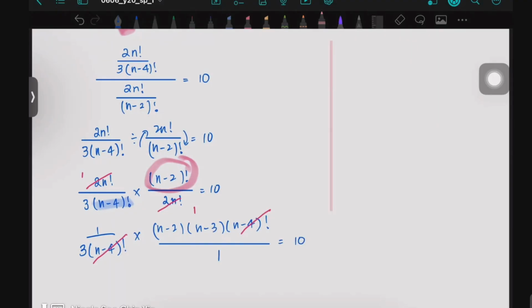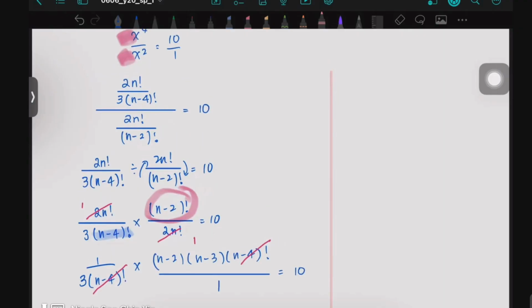At the same time, I'm going to move my 3 to the other side. I get (n minus 2)(n minus 3) equals 3 times 10. So expand: n squared minus 2n minus 3n plus 6 minus 30 equals 0.